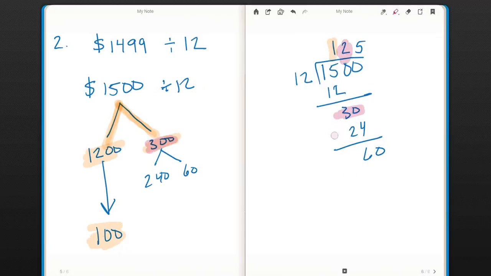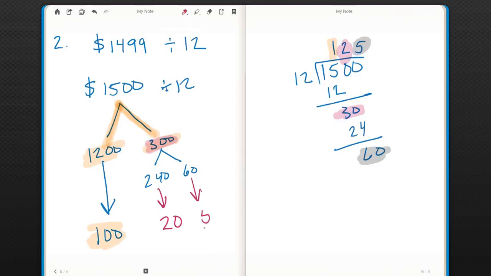And when they say I have 2 tens, that's because my 24 tens divided into groups of 12 gives me 2 tens left. Then I complete the problem by finding that after I take those 2 tens out, I have 60 left. And 60 divided by 12 ends up with 5. So both of these show 125.